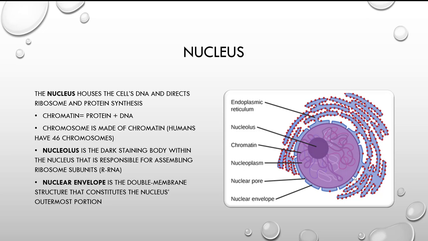So those are the nuclear pores. And that allows for things to move through. Okay, so for example, when we are sending messages from the nucleus out into the cytoplasm, it can pass through these nuclear pores. Okay, so that is the nucleus, the boss of the cell.